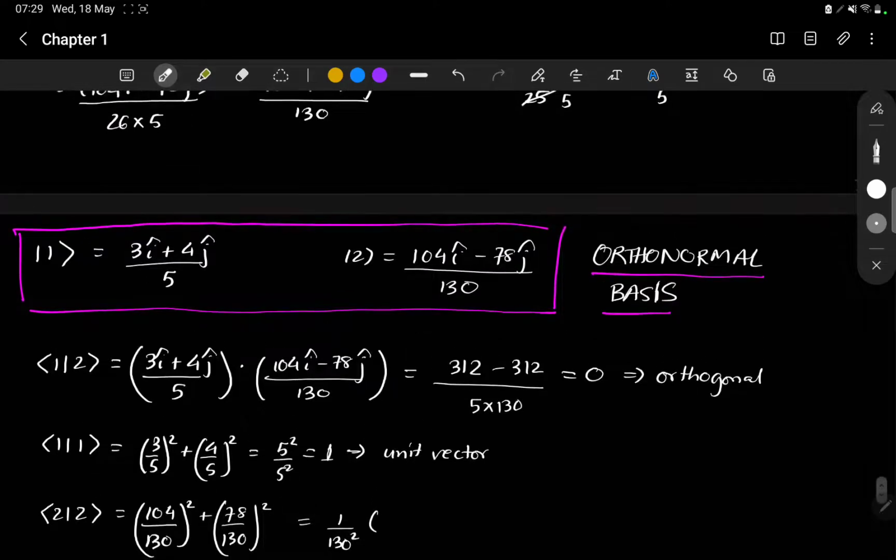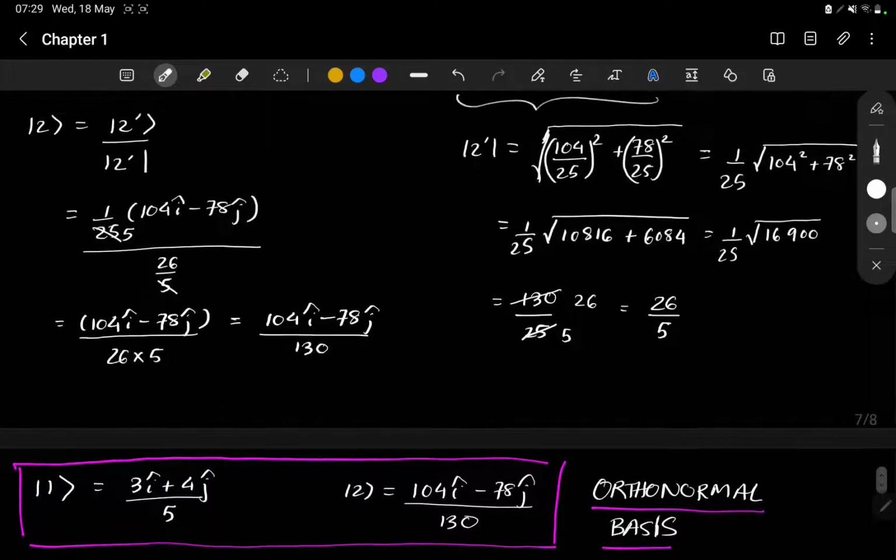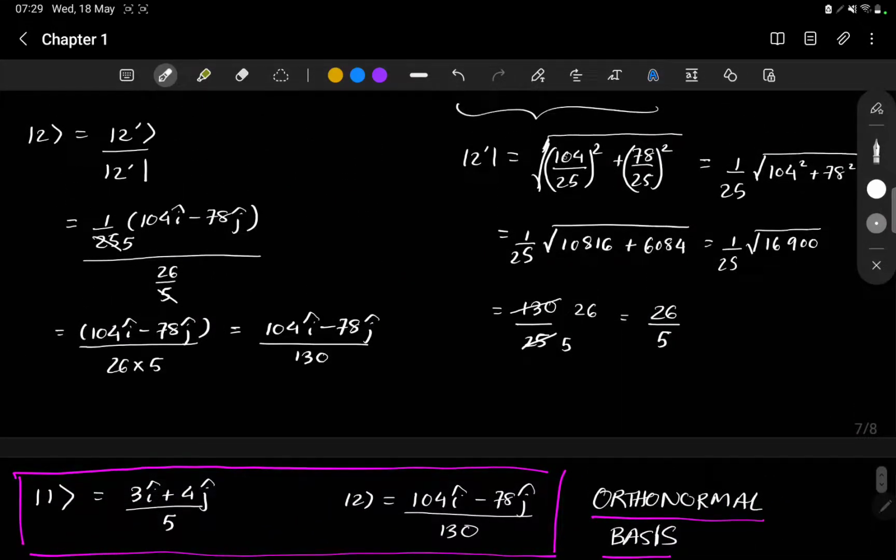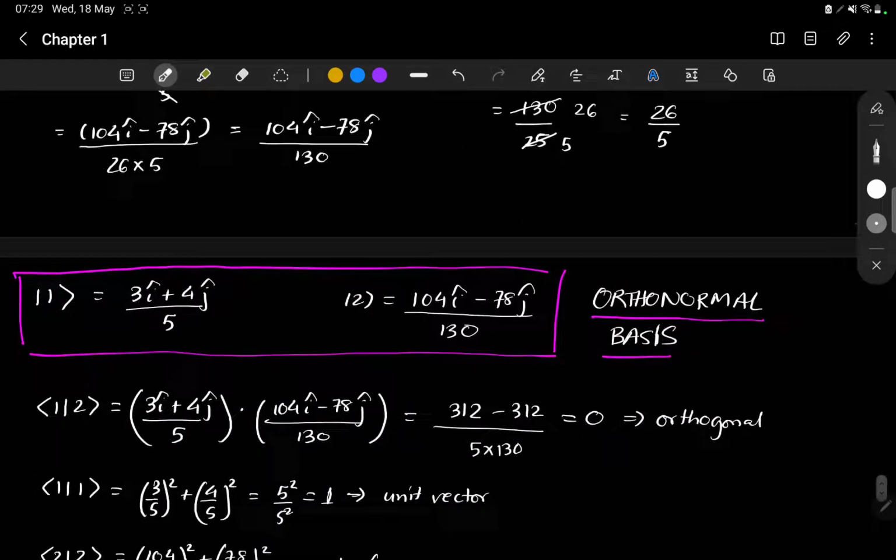So we had seen this 104 squared plus 78 squared over here, we found this thing, and then when we took the square root of this, we had got 130. So that means 104 squared plus 78 squared is nothing but 130 squared.